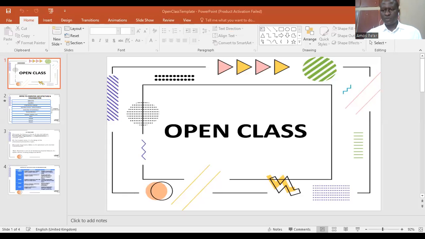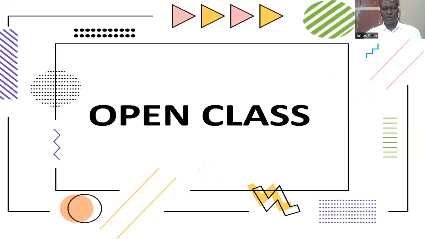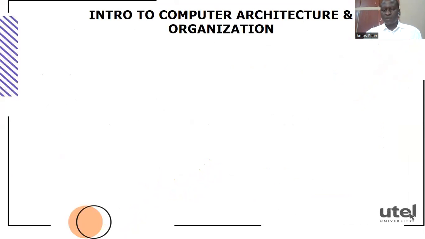In this class today, we shall be talking about introductions to computer architecture and computer organization. And in this class, we shall attempt to define and explain what computer architecture and what computer organizations are.